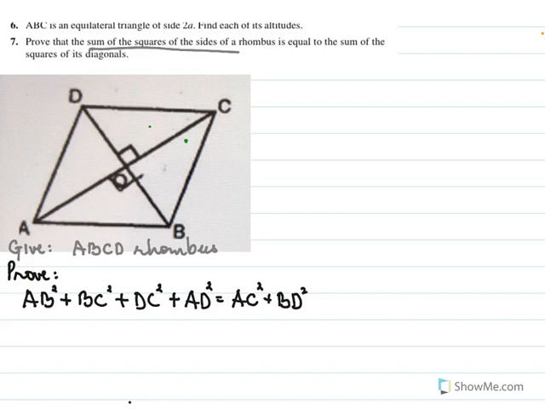But before we start this, let us use some properties of the rhombus. One property of the rhombus is the diagonals bisect, which means AO equal to OC. So I write that AO equal to OC, and also OD equal to OB.